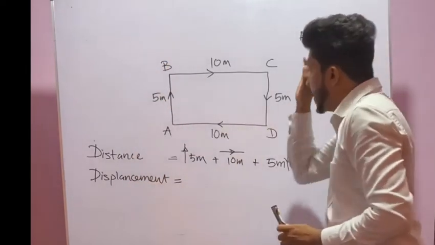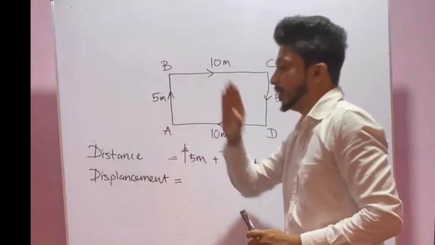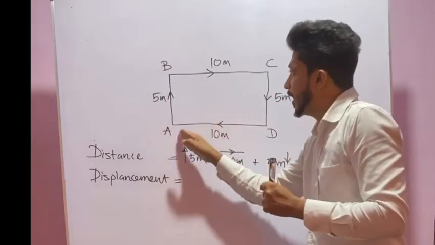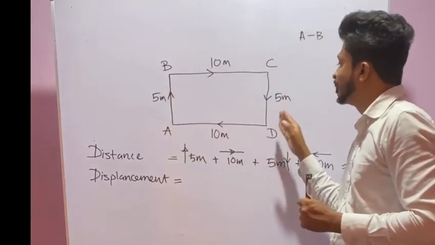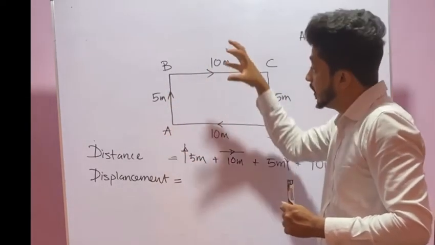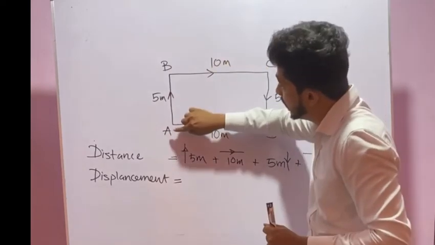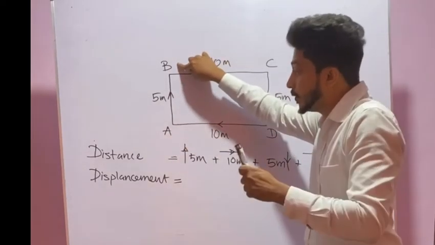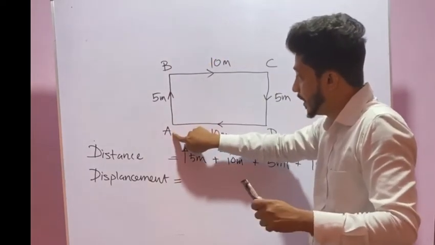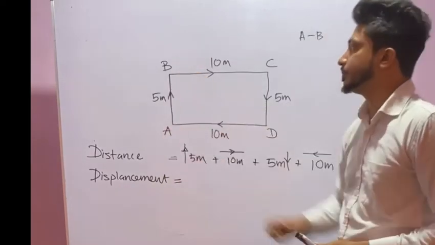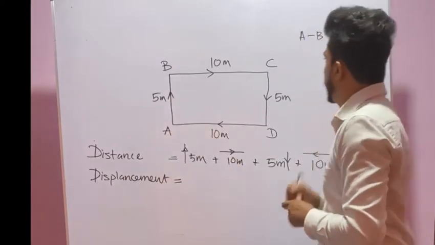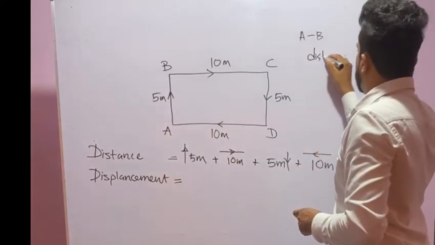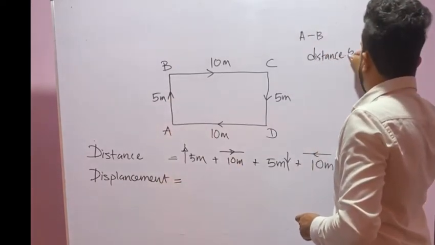Because we only consider from A to B. Although he has traveled from A to B, B to C, C to D, D to A, I only consider from A to B. Because of that, start position is A and end position is B. Okay, so what is the distance? It is 5 meters.